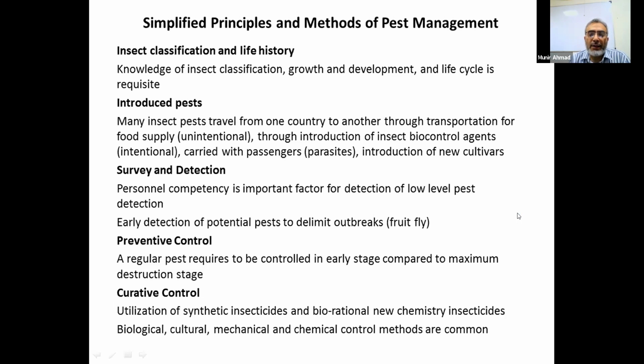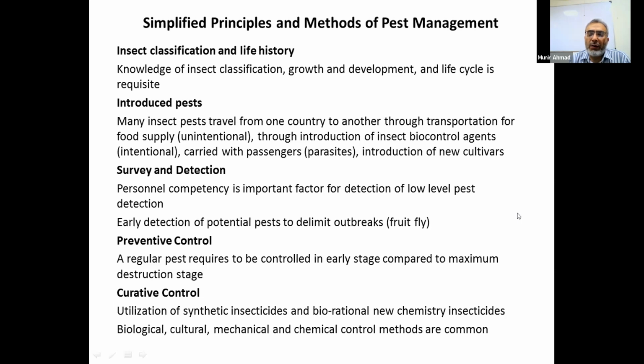Some suck the sap of the plants, some chew, some penetrate inside the green plants, and some bore inside the trees. So they have different behaviors, and we'll also see a little bit about these things.